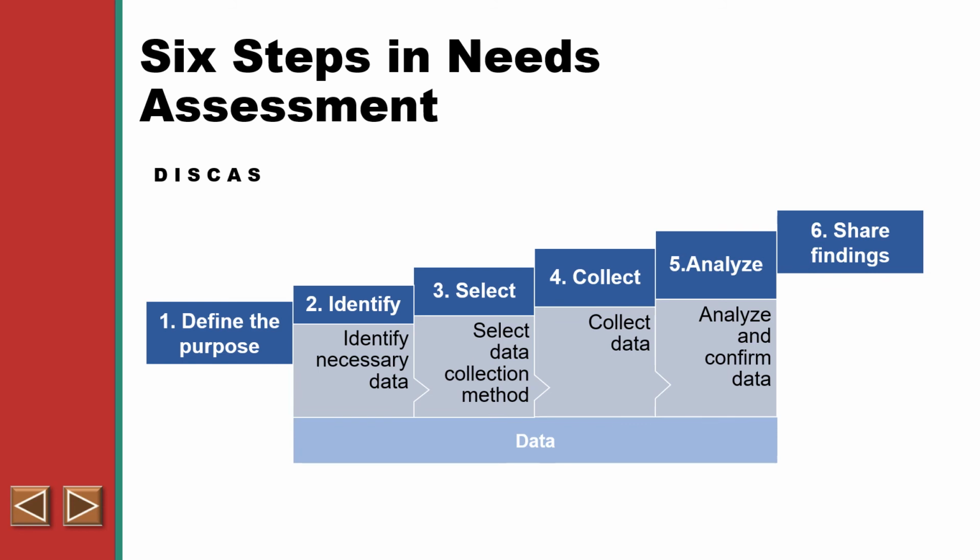Is it going to be opinion? Is it going to be quantitative numbers? And then selecting how you're going to collect it. Is it going to be surveys? Is it going to be looking at job performance, observations? Then number 4, collecting it, getting it in your hands, and then analysis, analyzing and confirming it, and then sharing it.